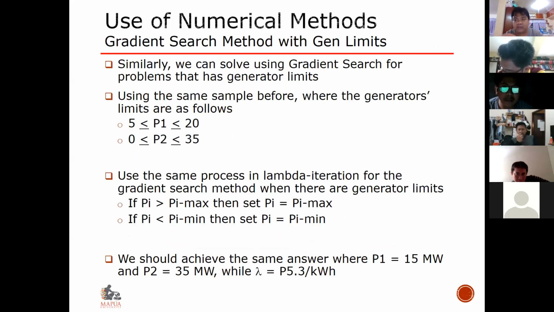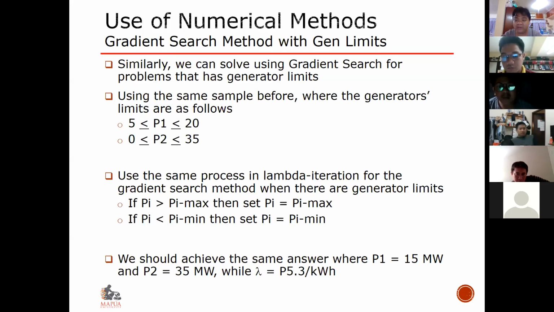However, same with if we have another problem that is using generator limits. Medyo hahaba lang yan yung si gradient search. But still the same principle. Pag nakuha mo higher than Pmax, palitan mo kagad ng Pmax. Pag lower than Pmin, palitan mo kagad ng Pmin, yung P. And when you go through that process, you will eventually resolve to that same solution we got, 5.2 and 5.3.